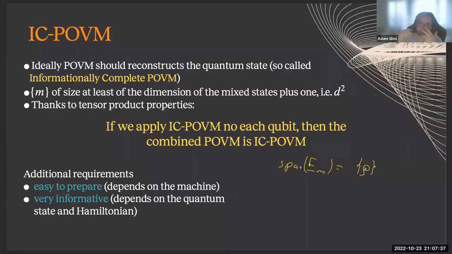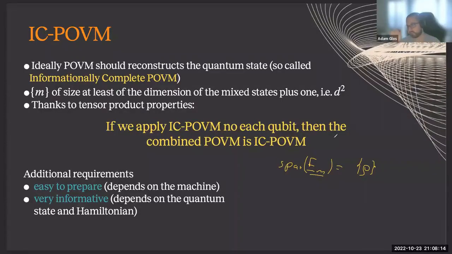But this POVM can be, of course, very general. Part of its operators E_M, if we have many qubits, can be non-trivially acting on all the qubits. But we have a very nice property coming from the very definition of the tensor product: if on each qubit we have an informationally complete POVM, then in fact the POVM considered as acting on all qubits simultaneously is also informationally complete.